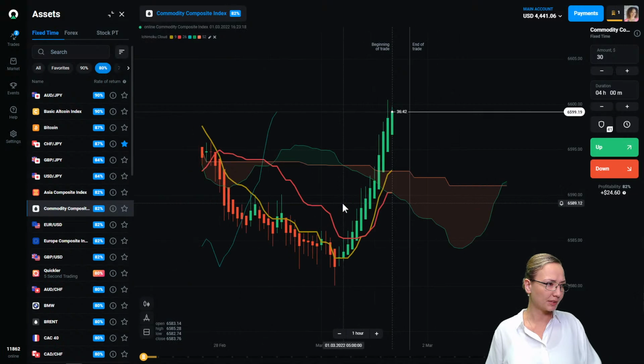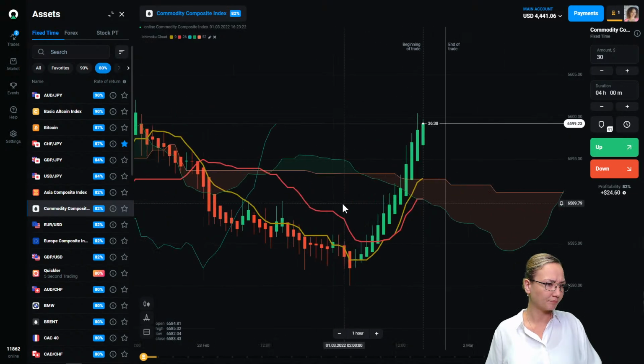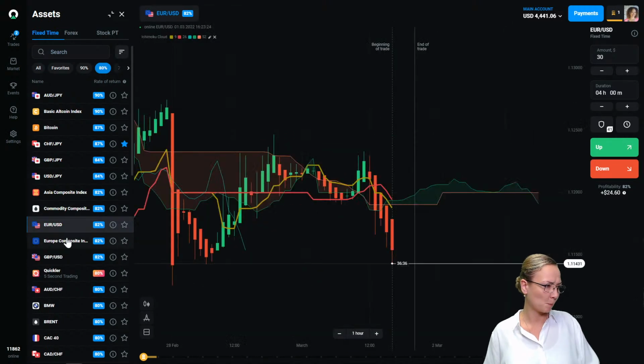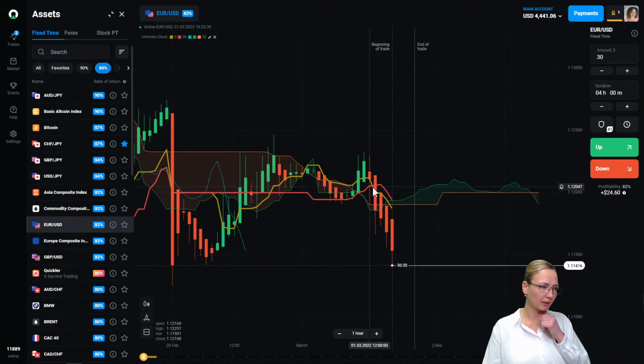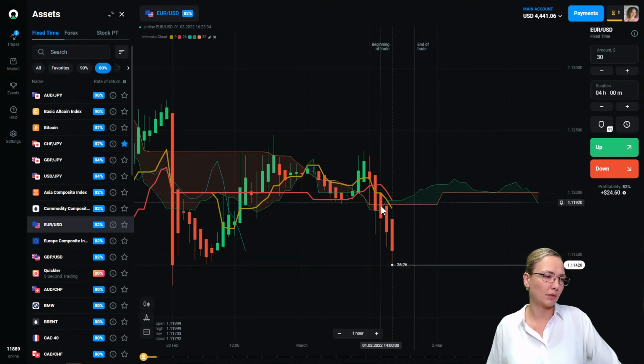Well, I certainly missed it. I don't want to get caught up in a correction. Euro US dollar, but we missed it. We're looking at the 1-hour time frame, so if we entered it right here, 1, 2, 3, we are late.